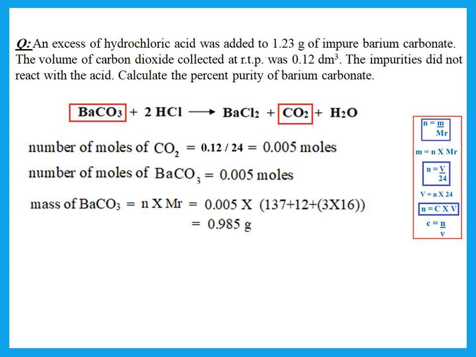Mass is number of moles times Mr. So this 0.985 is the actual mass of barium carbonate that we have. But if he wants the percent purity, we said that is the mass of the pure, 0.985, over the mass of the impure, 1.23, times 100. And that means that my barium carbonate sample was only 80.1% pure.